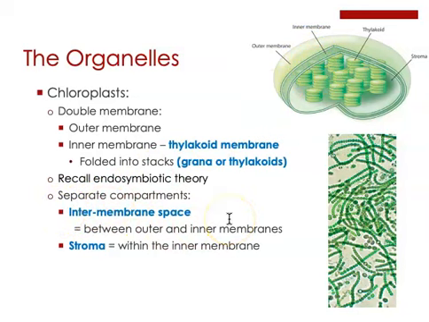Easy to remember. What is essentially analogous to the matrix in the chloroplast is called the stroma. So the stroma is the space within the inner membrane, the cavity that surrounds these grana.